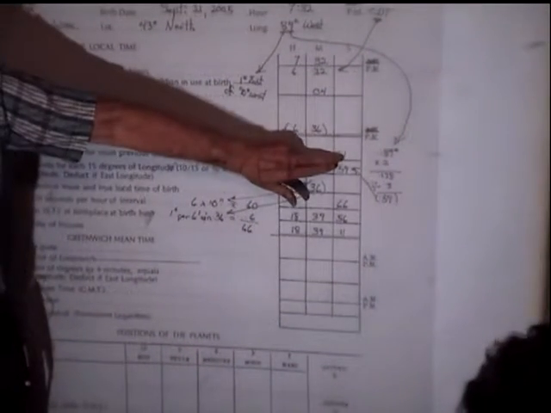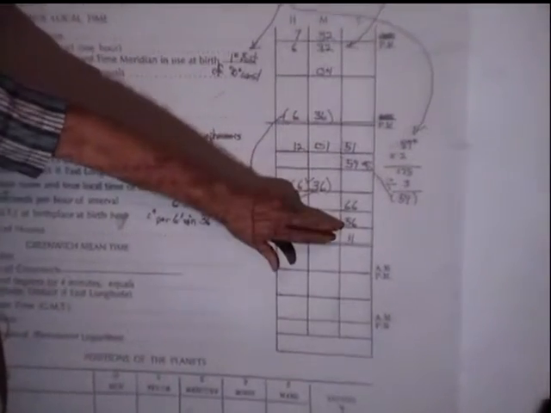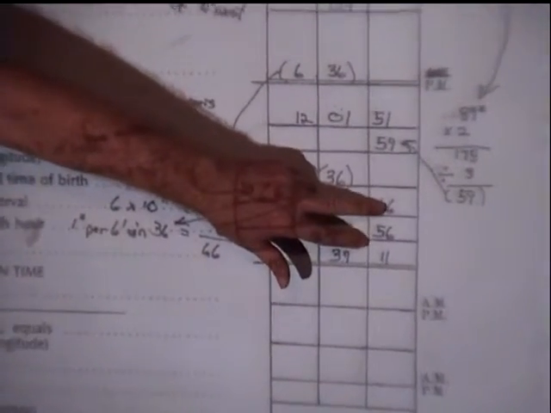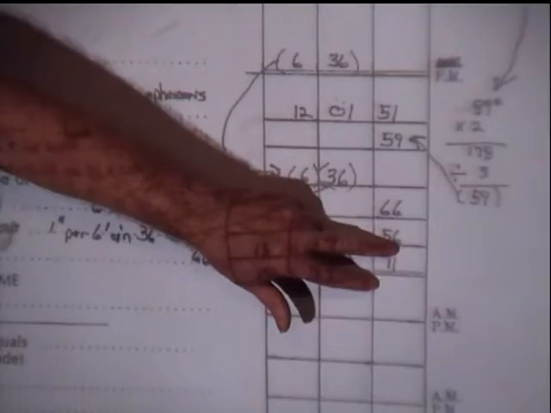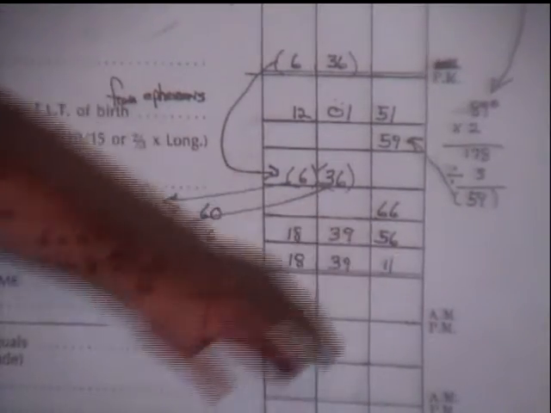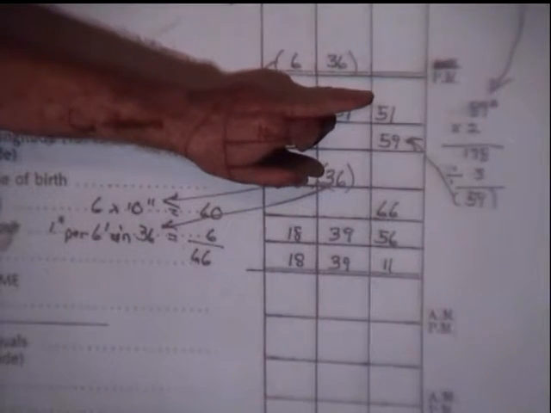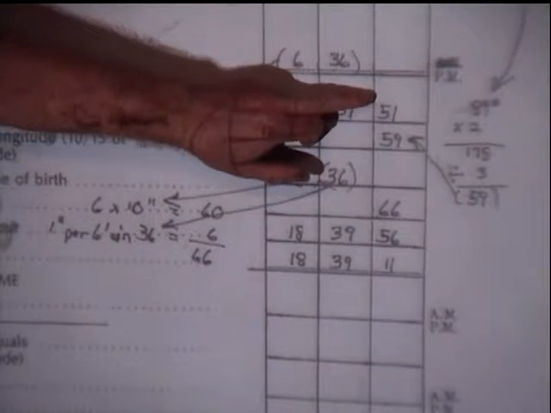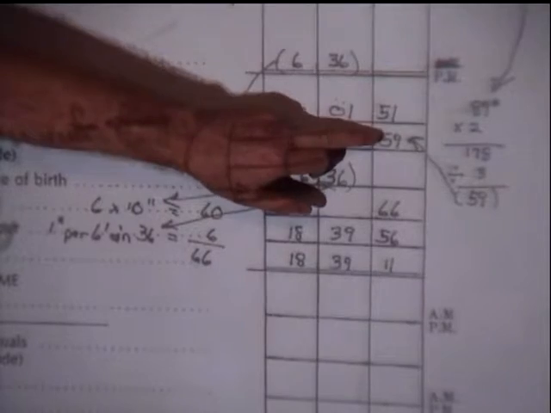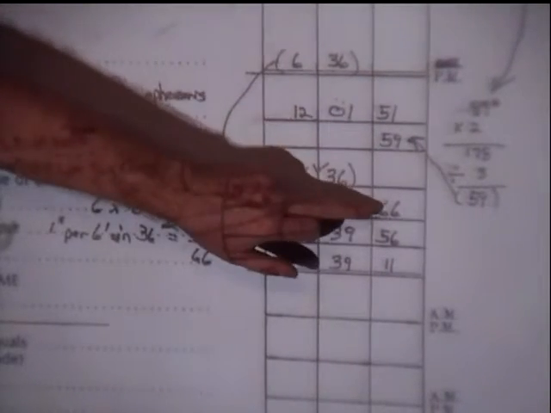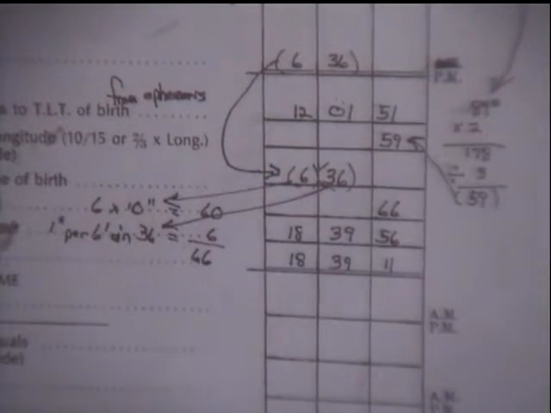All right, let's add up. 9 and 1 is 10, and 6 is 16, and that's it. That's 6. That gives us this part. But we carry the 1. 5 and 1 carried are 6, and 5 are 11, and 6 are, what is it? 17.